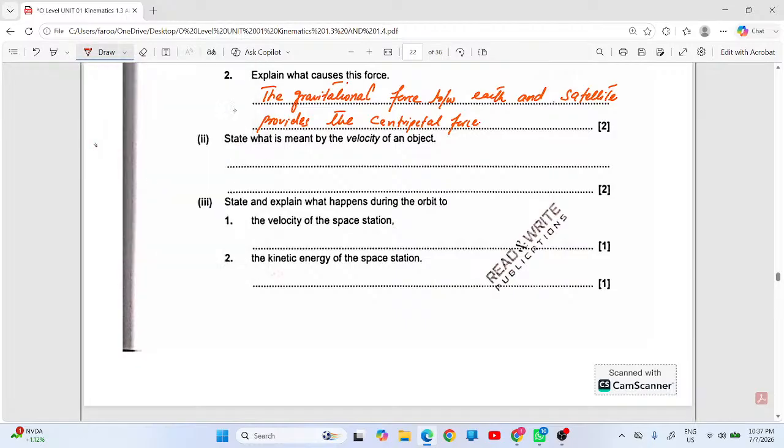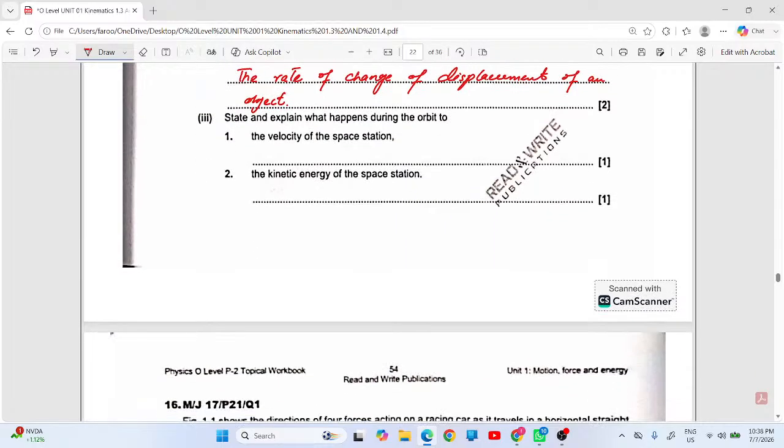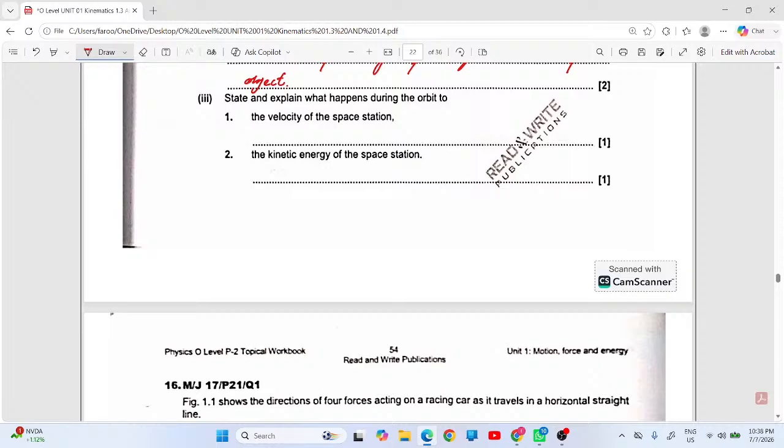So displacement covered per unit time, the change in displacement per unit time, or the rate of change of displacement of an object.